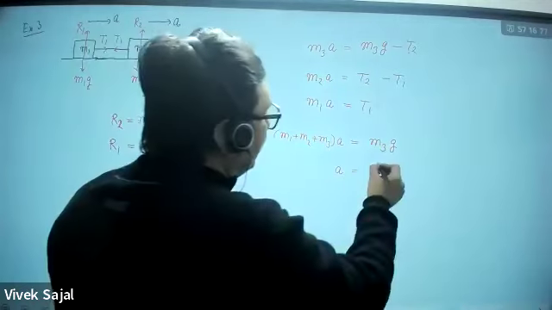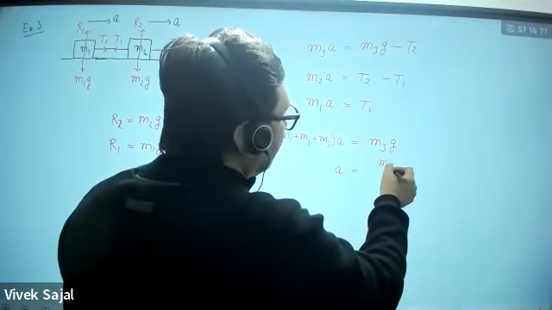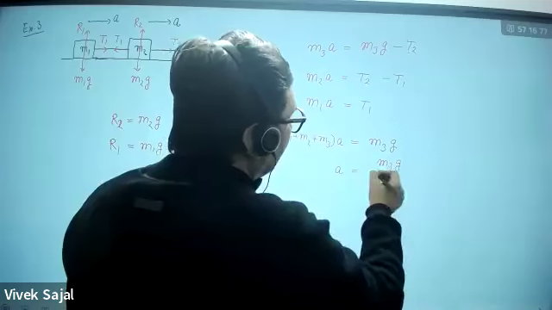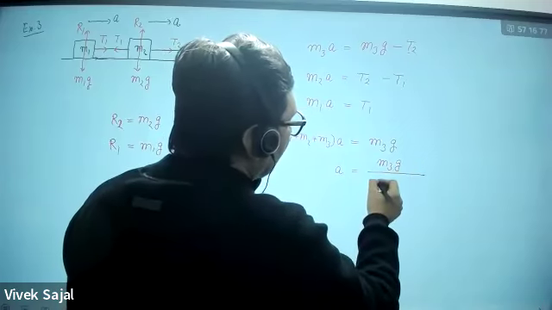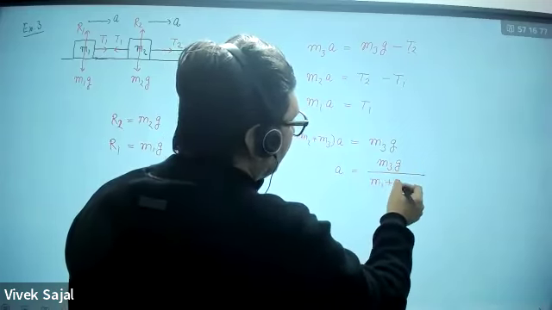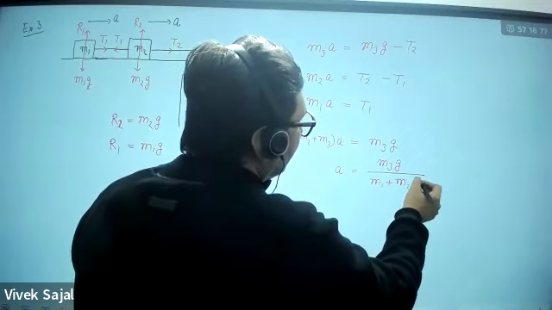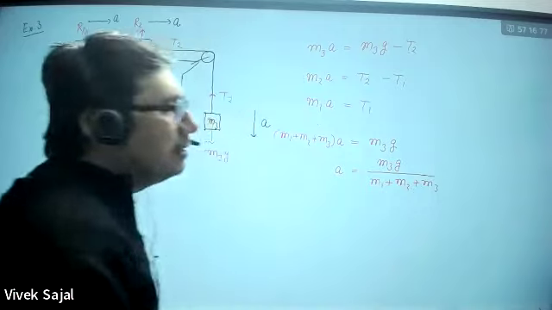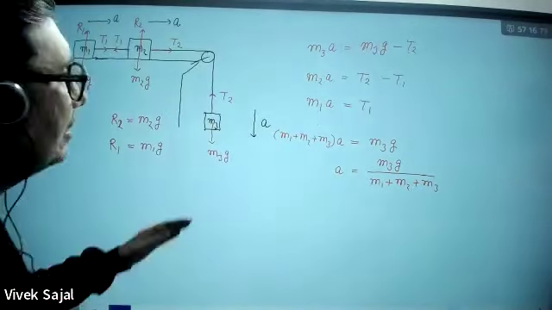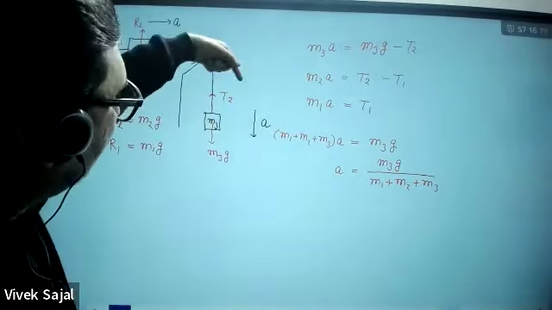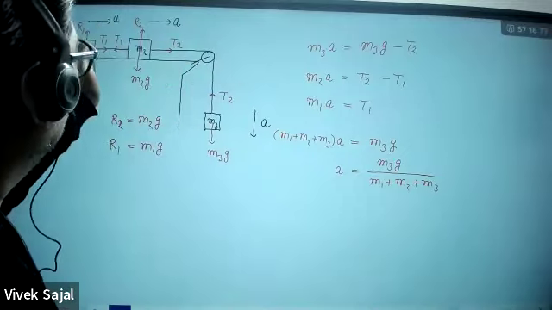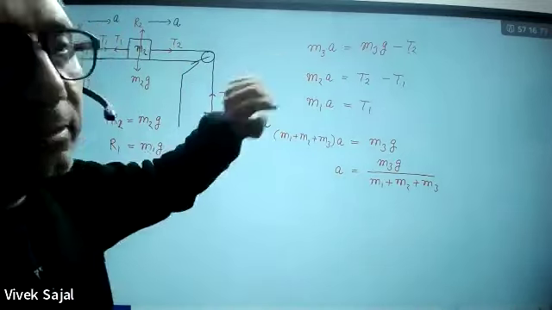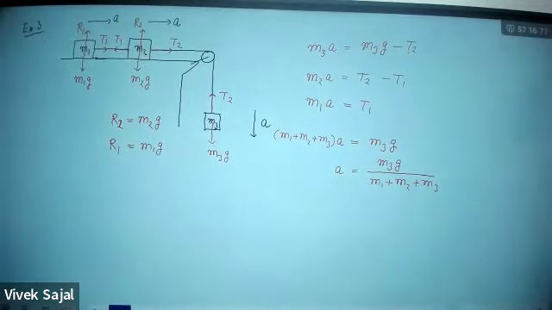Net acceleration will be M3G divided by (M1 plus M2 plus M3). This will be the net acceleration. All the three bodies are moving with the same acceleration. M3 is moving in the downward direction. M1 and M2 are moving towards right.